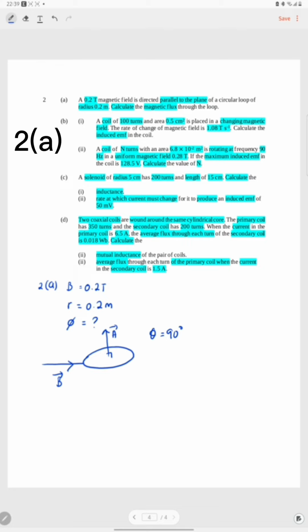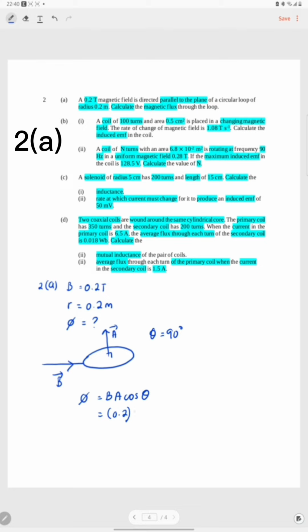When we calculate the magnetic flux, we use the formula magnetic flux equals BA cos theta. The B given is 0.2.